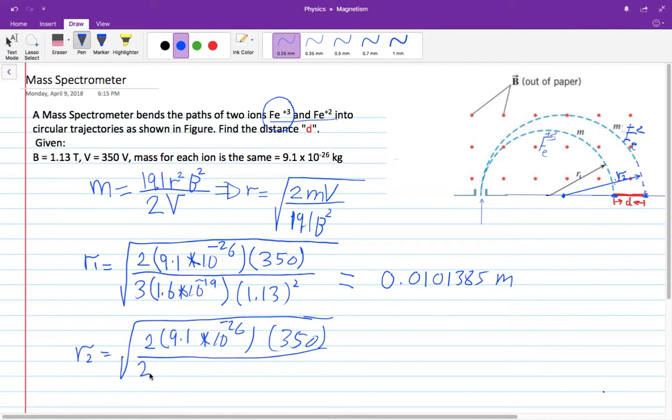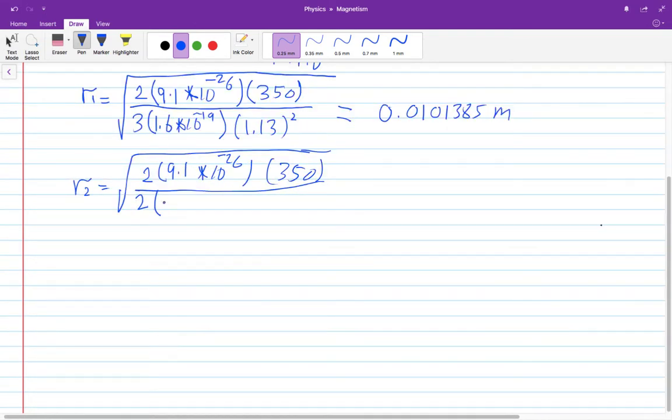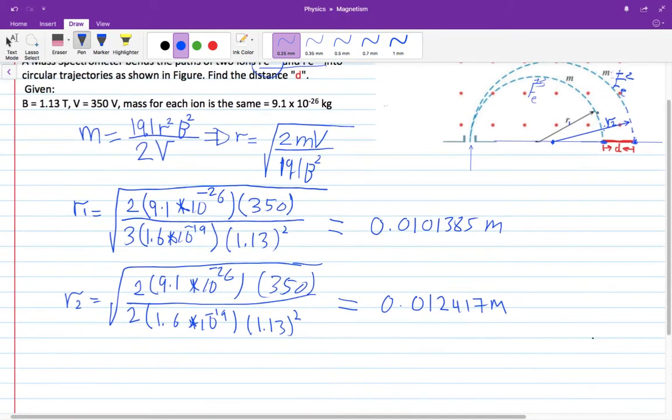So divide by 2 times the charge of the electron, 1.6 times 10 to the minus 19, and that's also multiplied by the magnetic field squared. If you do this calculation, you're going to find R2 to be equal to 0.012417 meters.